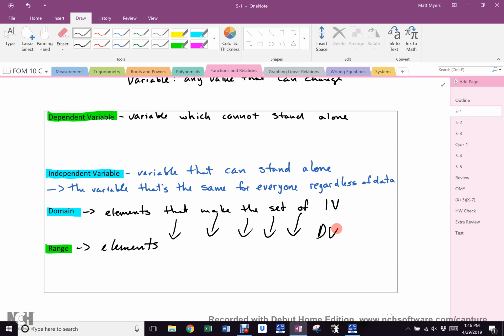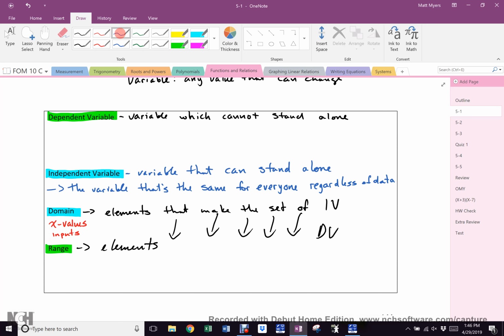Now, there's a couple of ways to recognize these things, but you need to know the definition, because depending on how you make a graph, they can change position. All right? Generally, domains are what we consider X values or inputs.